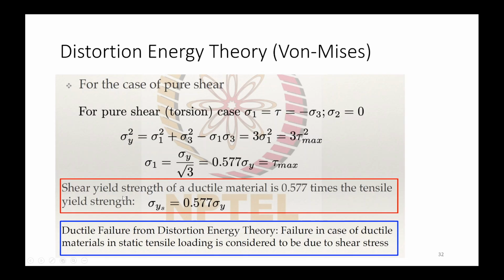So the shear yield strength of a ductile material is about 0.5, meaning half times the tensile yield strength. So this is ductile failure from distortion energy theory. Failure in the case of ductile material in static tensile loading is considered to be due to shear stress.